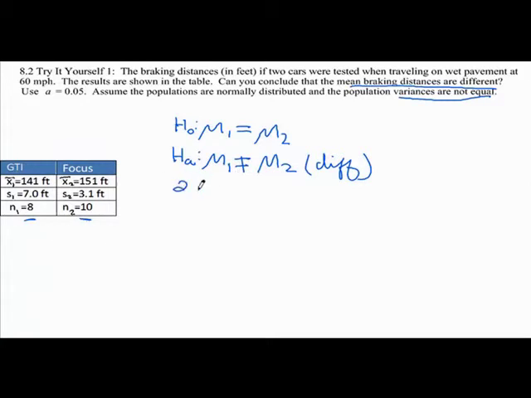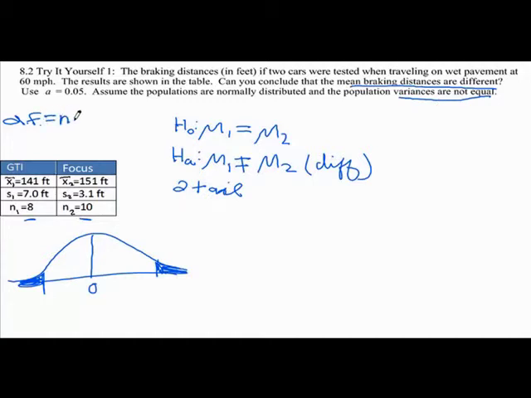This is two-tail. Let's find our critical values. So we've got a two-tail test, and we need to use our table. We're going to use table 5. Now our degree of freedom here is for the small samples. If the variances are not equal, then the degree of freedom is going to be the smaller n minus 1. Our smaller n is going to be 8, so that's 8 minus 1 is equal to 7.